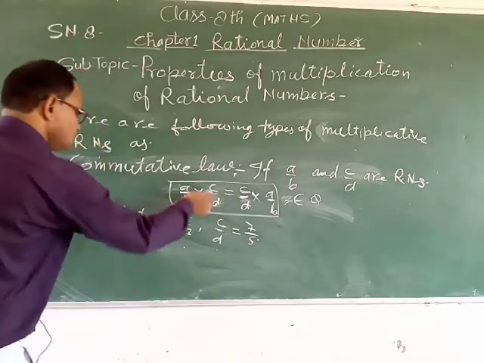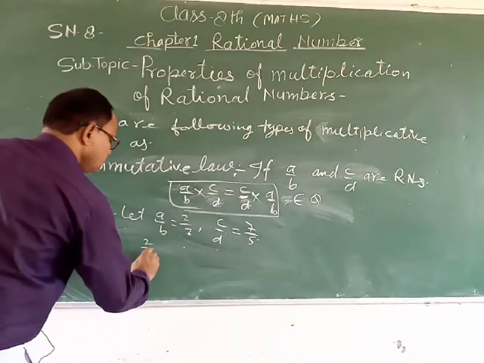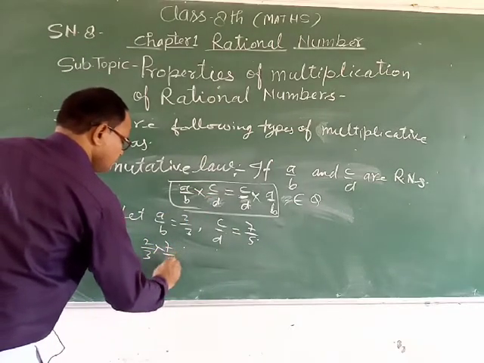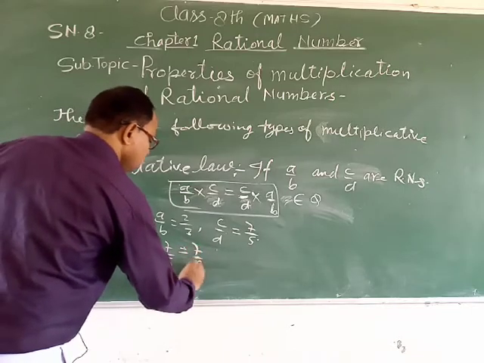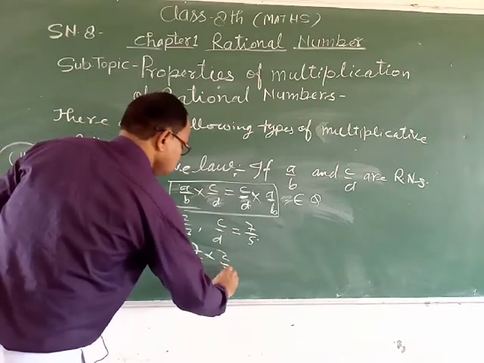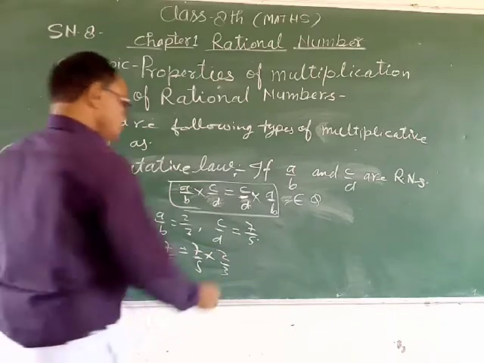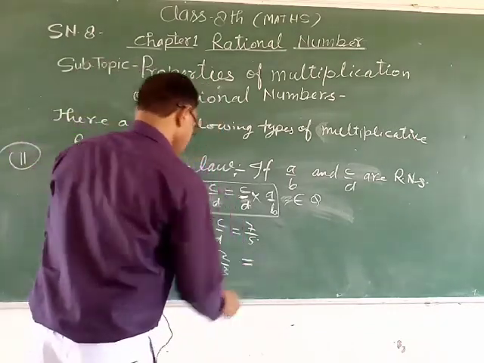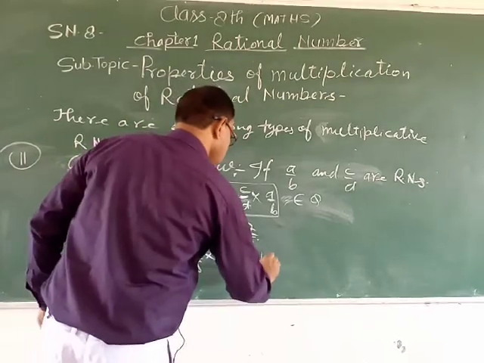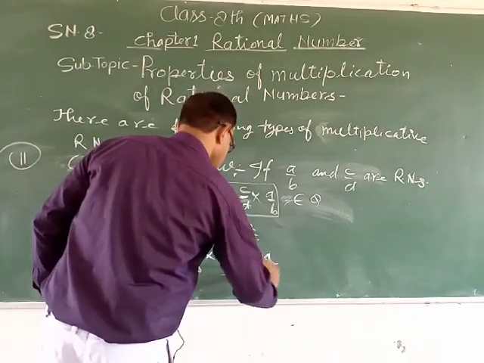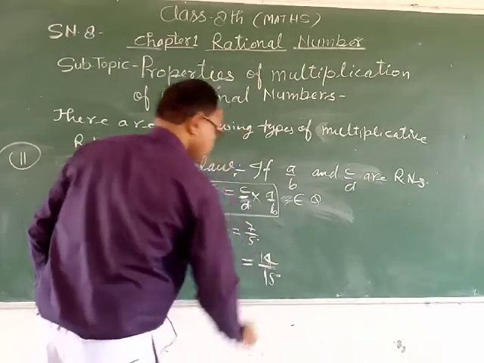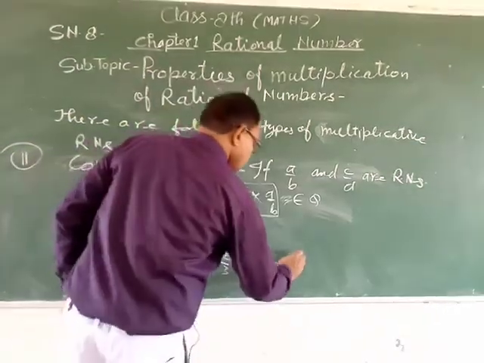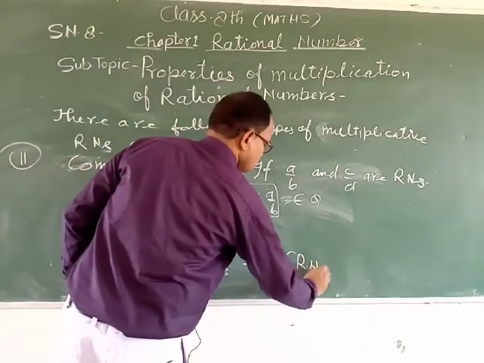Then we get, according to this, 2 by 3 into 7 by 5, and 7 by 5 into 2 by 3. During the calculation we get 14 upon 15, which is a rational number.